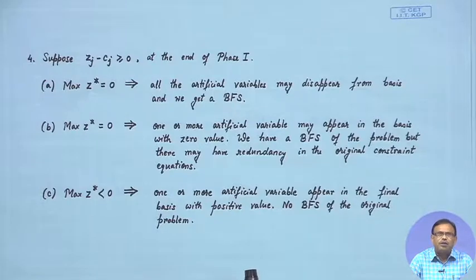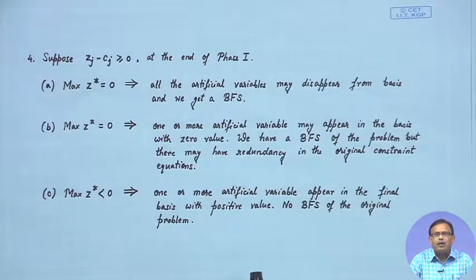So, note these things. At the end of phase 1, maximum value of z star can be 0, it may be less than 0. So, z star equals 0 has two implications. One implication is all the artificial variables will disappear from the basis and we will get the optimal solution if it is there, and it may happen that although z star is 0, but one or more artificial variables are appearing in the basis with 0 value.